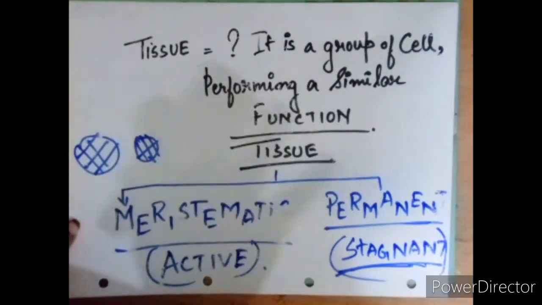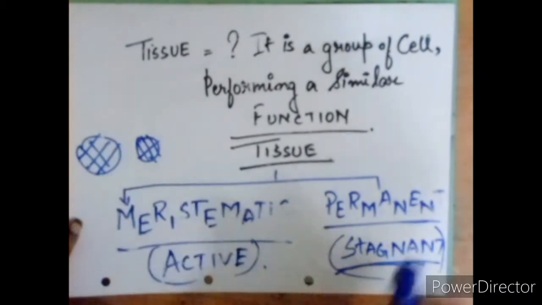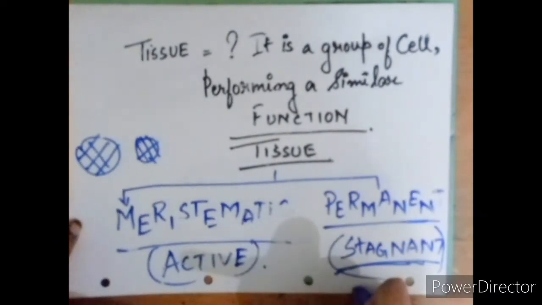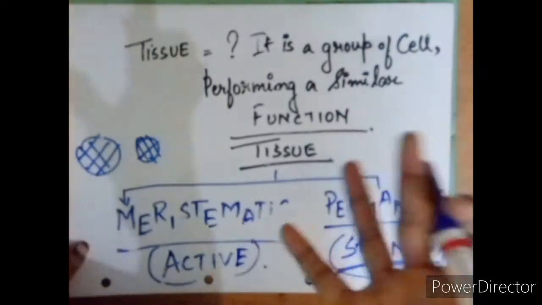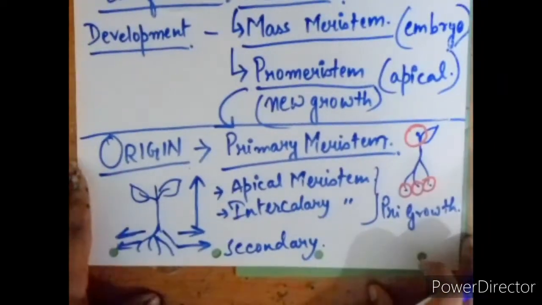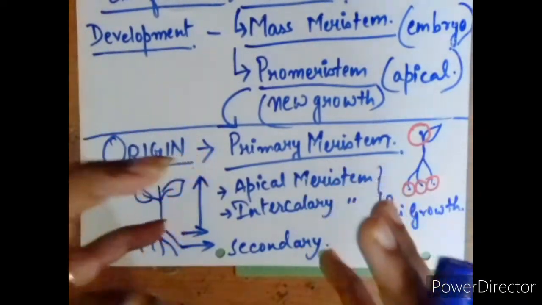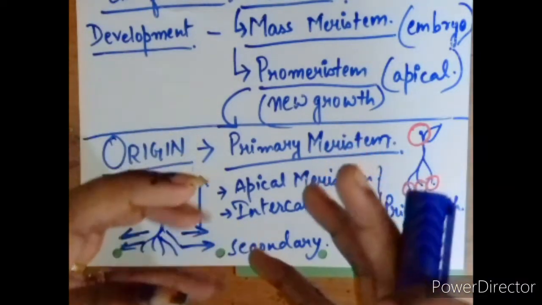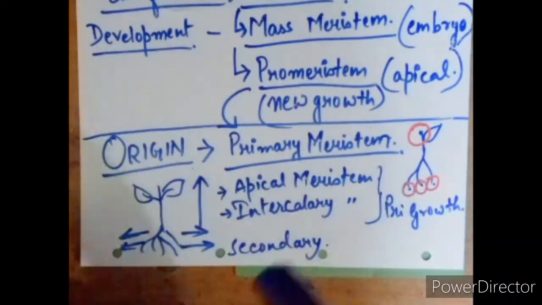The cell division has stopped over there, and it only performs a particular function. Now the permanent tissues give rise to the secondary meristem which adds to the girth of the plant. Normally we know that as cork cambium. The cork that is present in a huge tree, you will find a brown color, very non-living portion of the plant, normally we say it's a bark, it's a cork. So that actually is a secondary growth of a plant, clear?